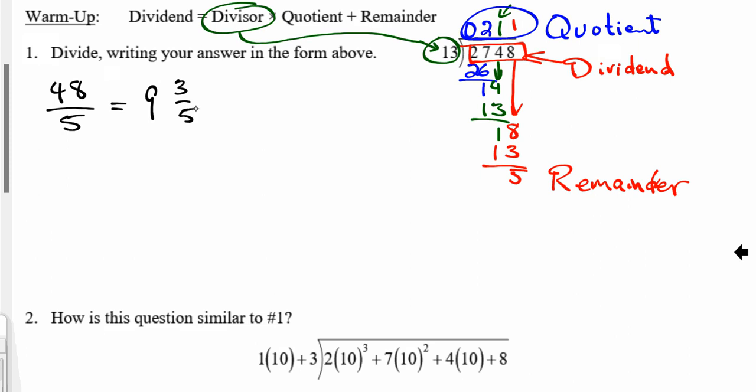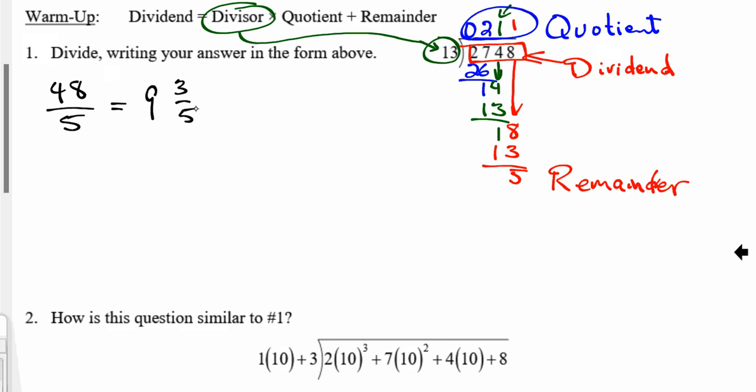And how do we get that? Okay, count by 5s to get up to 48. We can get to 45. So there are 9 complete 5s. So that's the whole number part, but then I have 3 left over from the numerator.